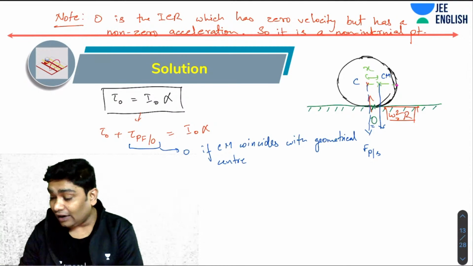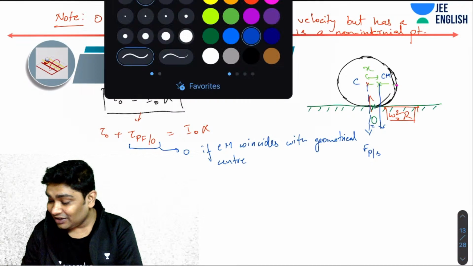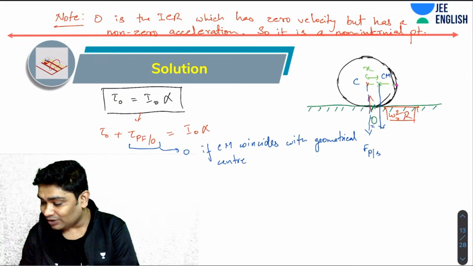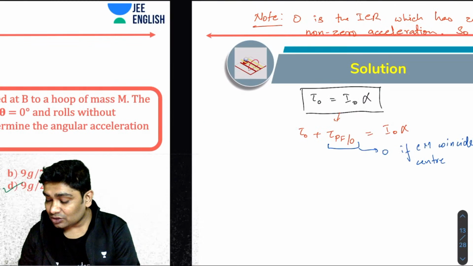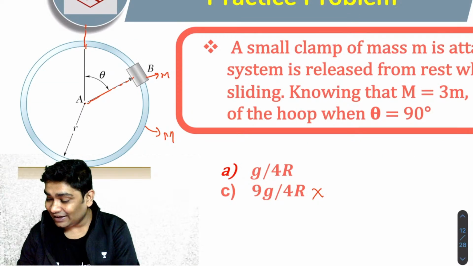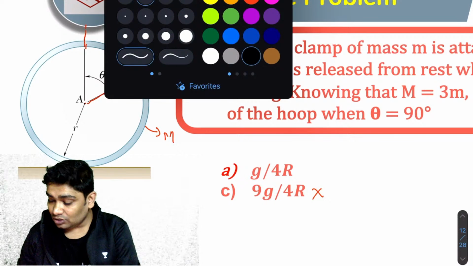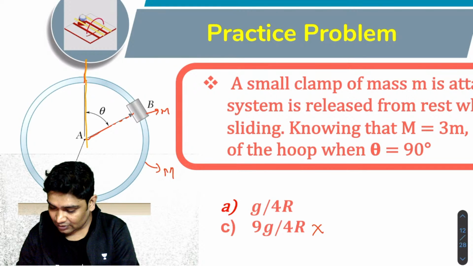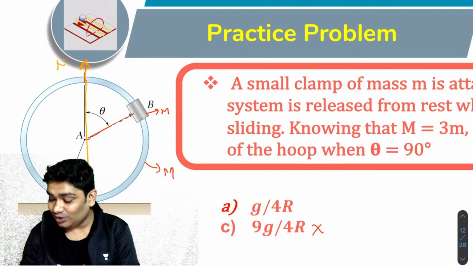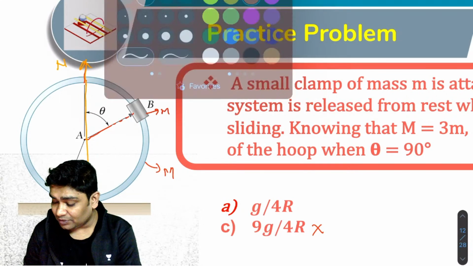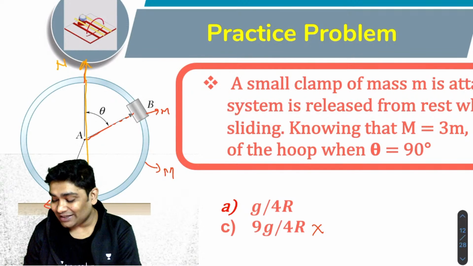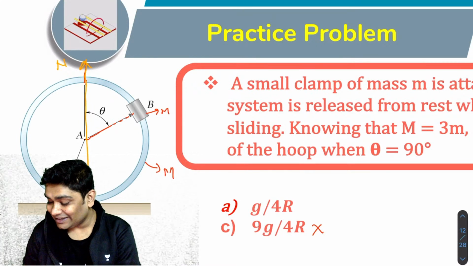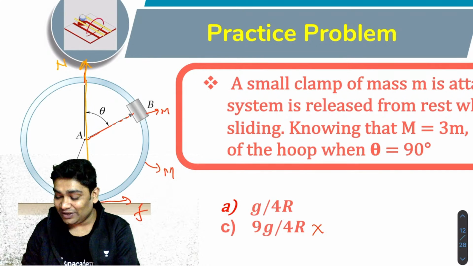Now if I had to solve it, I would take torques about O. Let's draw an FBD so I know what forces are acting on my system. I will have some N from the ground, then some friction from the ground. Let's assume it is in front.